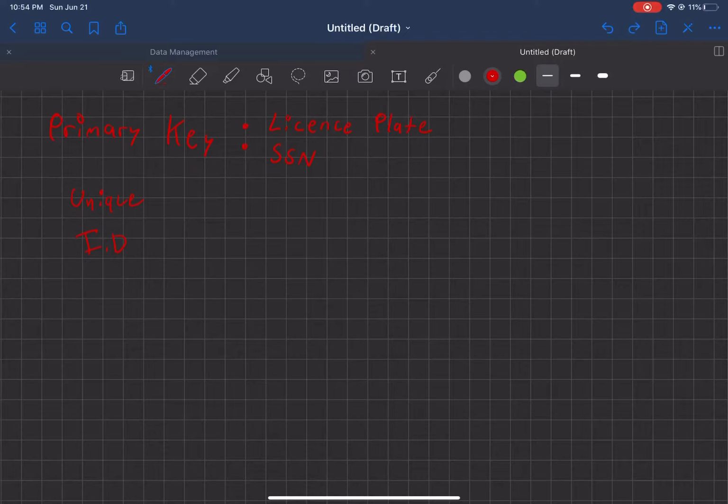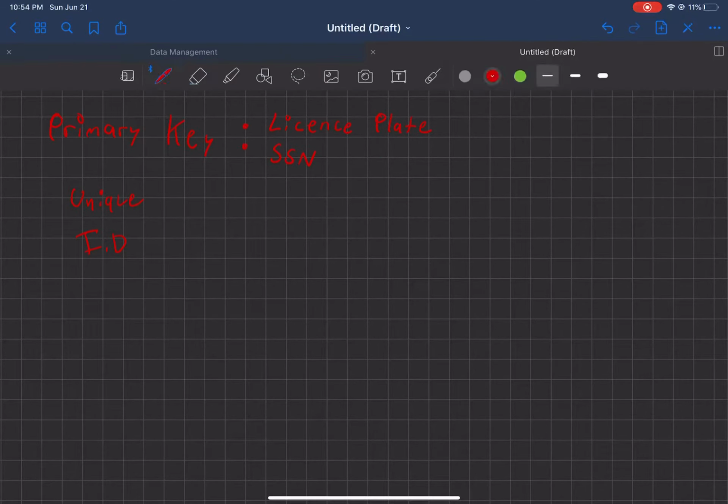Okay, because instead of saying silver Honda Accord, I can just say license plate 12X45. And that would be a particular car that is also hooked up to a particular person, a date when they got the car, and things like that. So that way we can connect a particular car to a particular person.